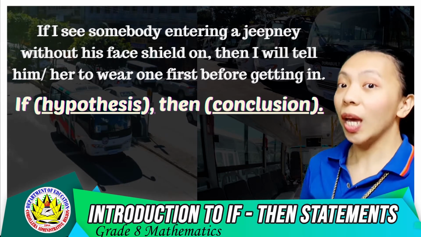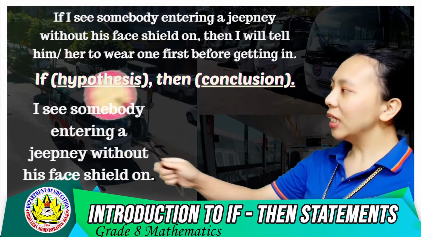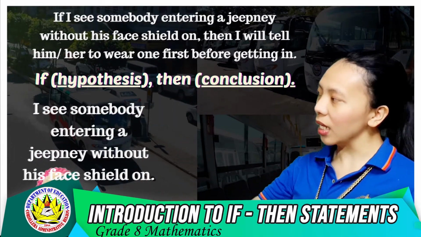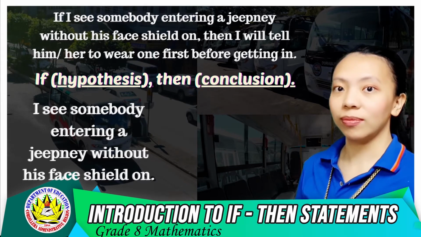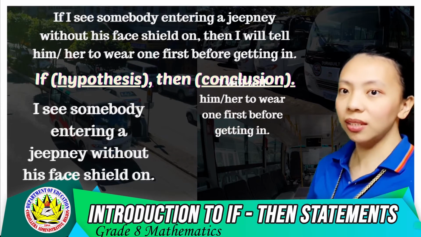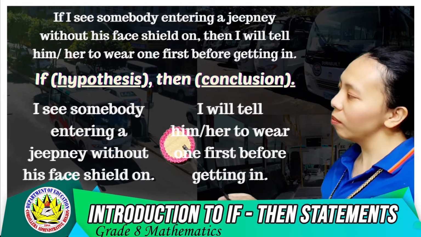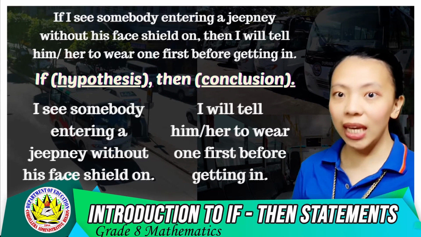Thus, the hypothesis of this conditional is, I see somebody entering a jeepney without his face shield on. The conclusion, on the other hand, is, I will tell him to wear his face shield first before getting in.